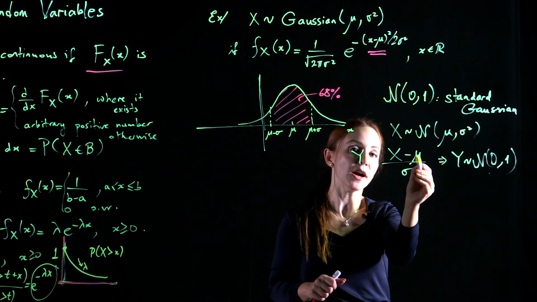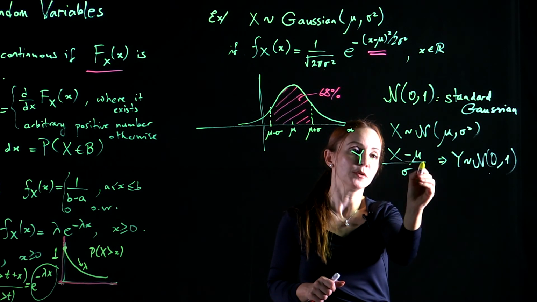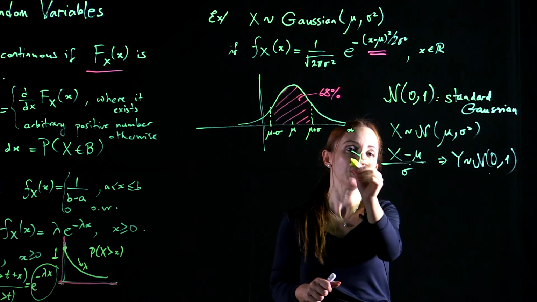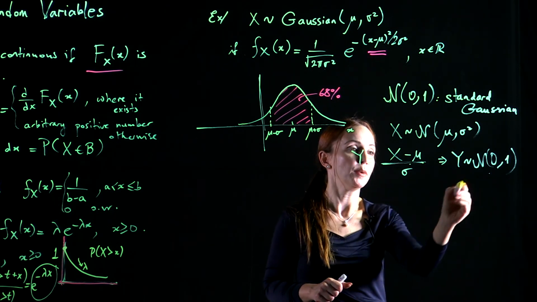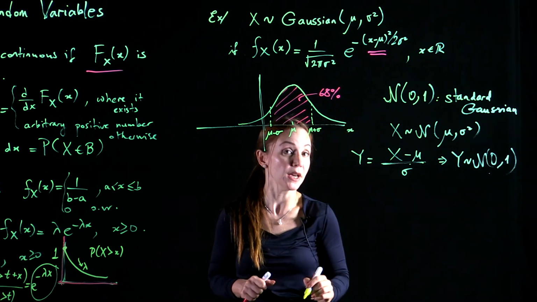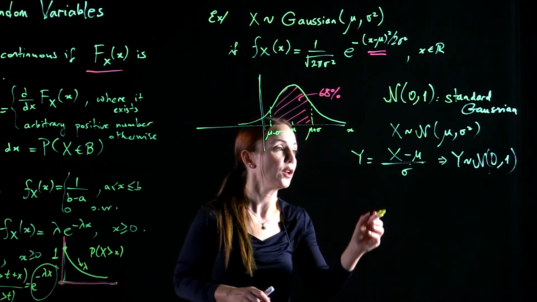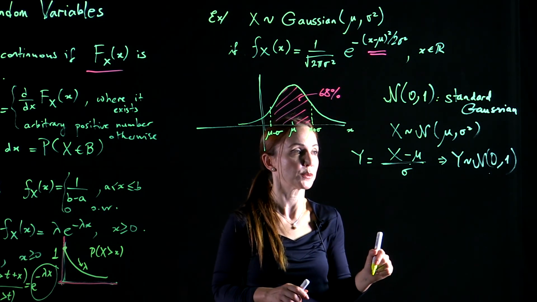Because we took the mean out and we scaled by the standard deviation. We can show these things later. But you obtain a standard Gaussian this way, and we can use this in computations.